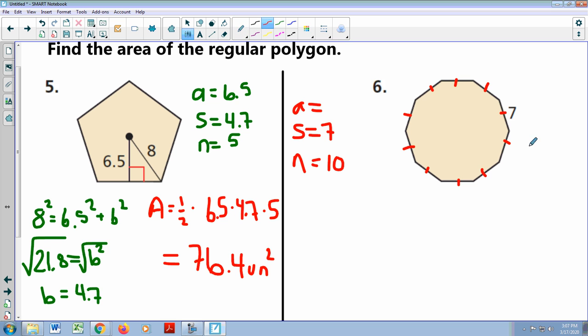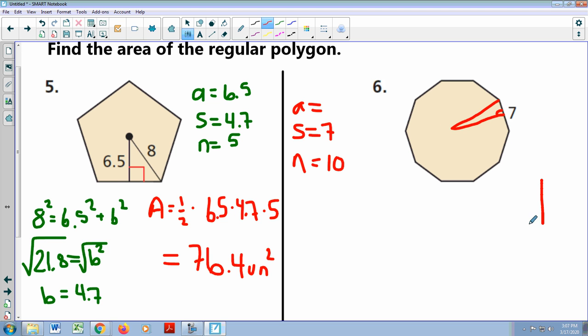So now, when I start to find my apothem here, I'm going to have to do just a trig ratio. So when I look at this triangle here, I see that I have half of a central angle.